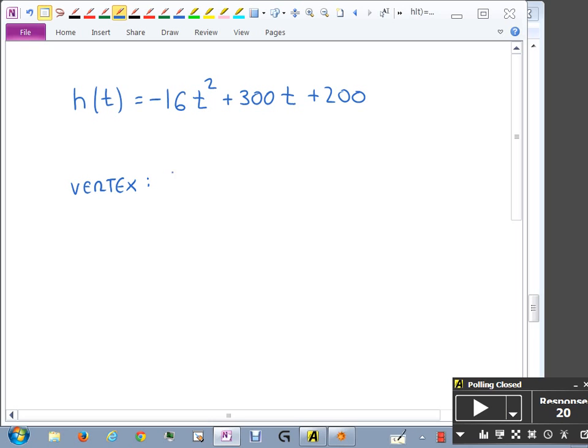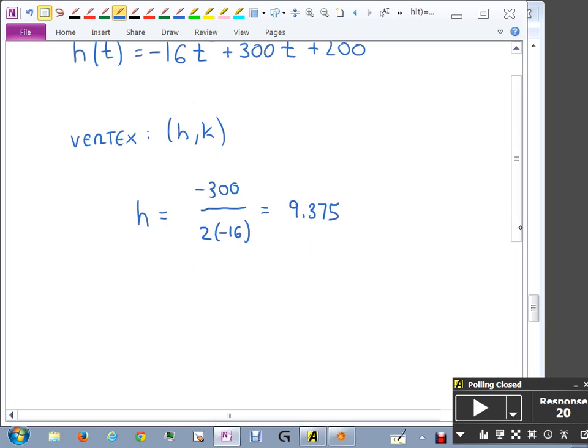So the vertex, H, K, tell me how to get H. Negative 300 over 2 times negative 16. And you'll need your calculator, and you'll probably have to approximate this. 9.375. Let's get K while we're here.